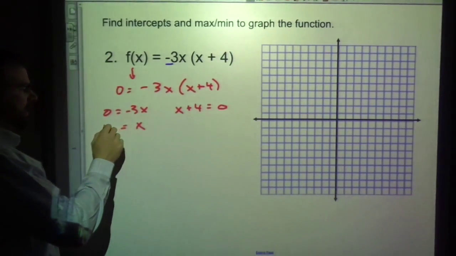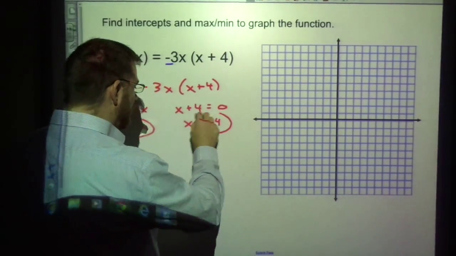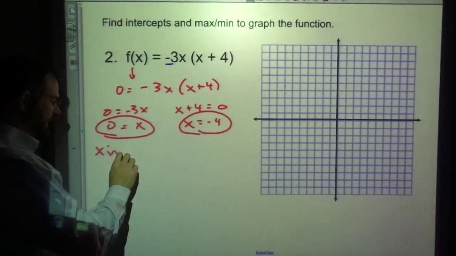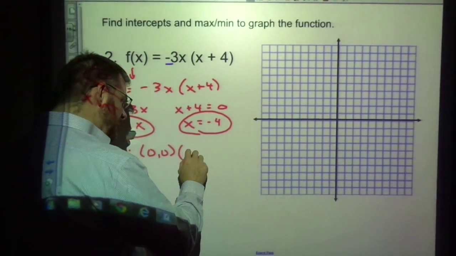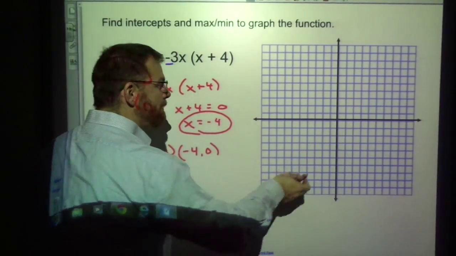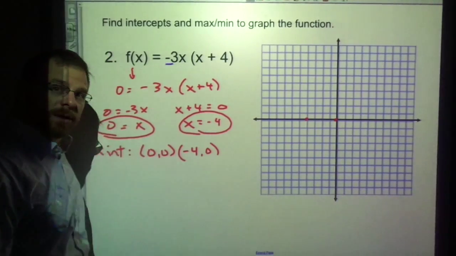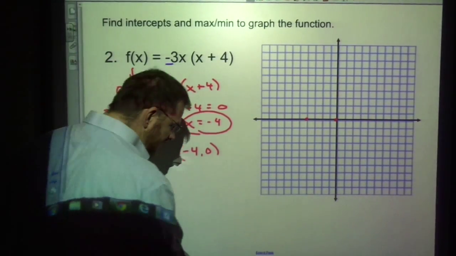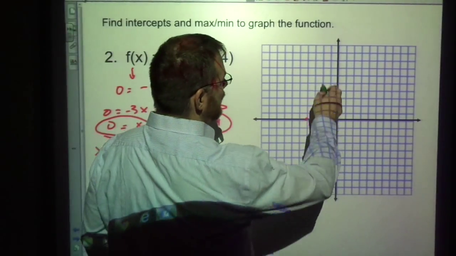So x has to be 0 here, or x has to be negative 4 here. So my x-intercepts are 0, 0, and negative 4, 0. Now the middle between 0 and negative 4 would tell me where my max or min is. The middle of that is negative 2.